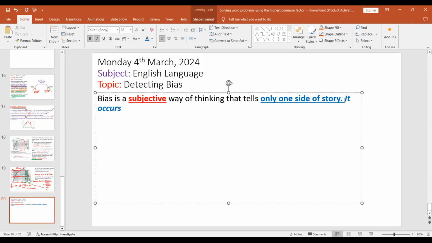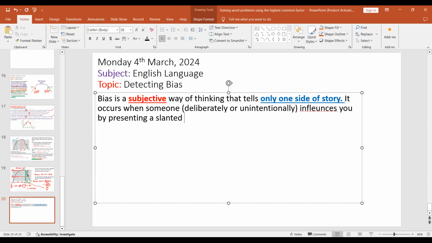So bias occurs when someone deliberately or unintentionally influences you by presenting a slanted view of information, or by presenting an emotional appeal.